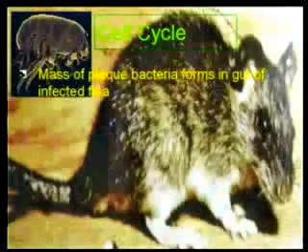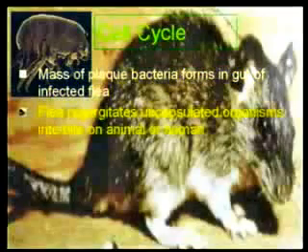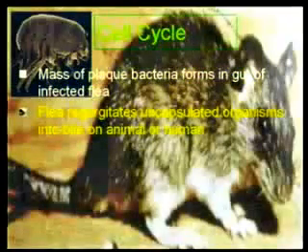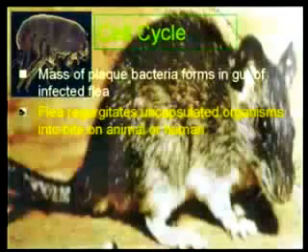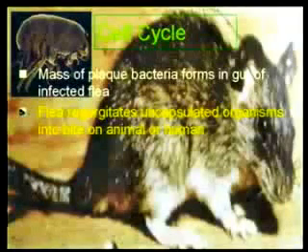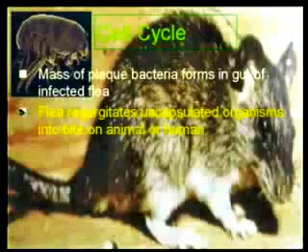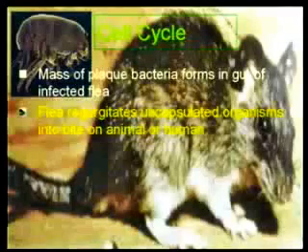A mass of plague bacteria forms in the gut of infected fleas, and as they take a blood meal, they regurgitate uncapsulated organisms into the bite of an animal or human. Uncapsulated. In the flea, it is uncapsulated. Okay?